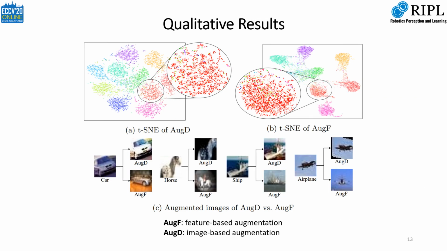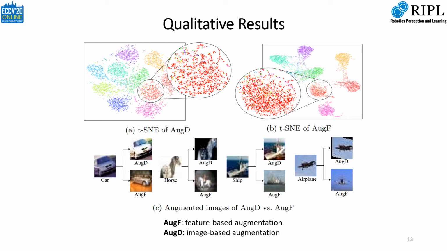Qualitatively, in figures A and B, we plot t-SNE of feature distribution before and after augmentation. The brighter dots represent features after augmentation. As can be seen in figures A and B, a learned feature-based augmentation is able to produce augmented features that are more variable and uniformly distributed.